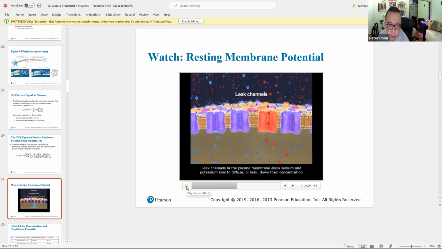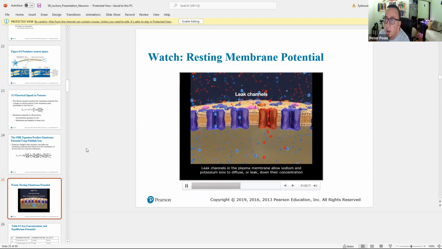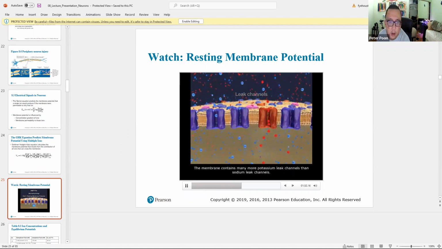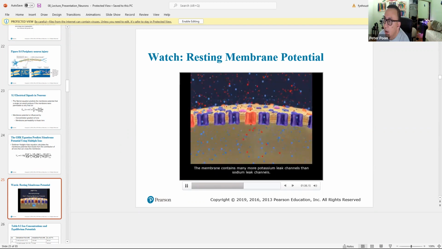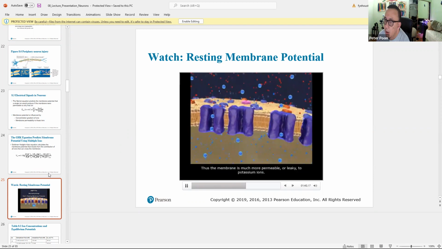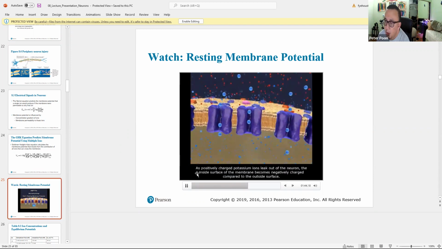Leak channels in the plasma membrane allow sodium and potassium ions to diffuse down their concentration gradients. The membrane contains many more potassium leak channels than sodium leak channels. Thus, the membrane is much more permeable, or leaky, to potassium ions.